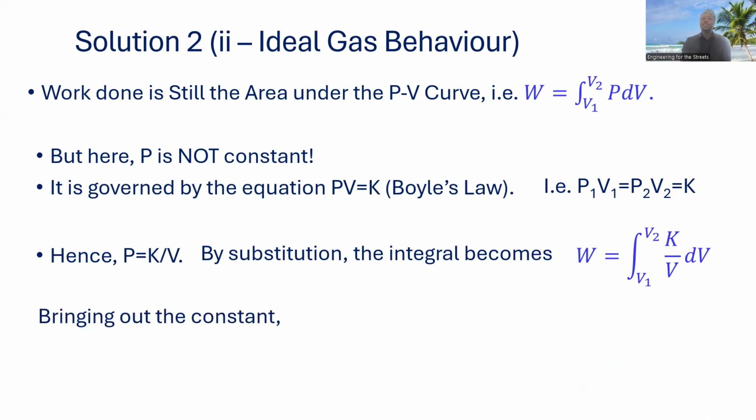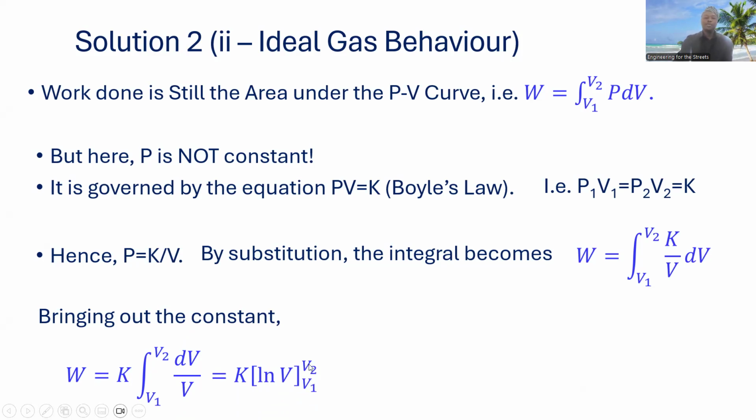Bringing out the constant K, it becomes W equals K times the integral of dV over V. And we know that when an integral has an expression in this form, dx over x, the integral is the natural logarithm of x. So for dV over V, the integral is the natural logarithm of V, and it is a definite integral between V1, the initial volume, and V2, the final volume.